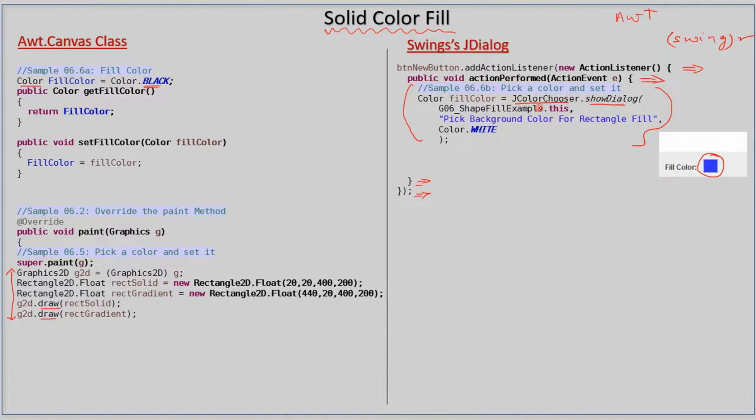Inside action performed I'm using JColorChooser show dialog, so this will be a blocking call, and we pass parent, which is this. After that we provide a dialog title and a default color, we are giving it as white. So when the JColorChooser is displayed, by default it will display the white color. And if the user wants to change the color, they can pick a different color.